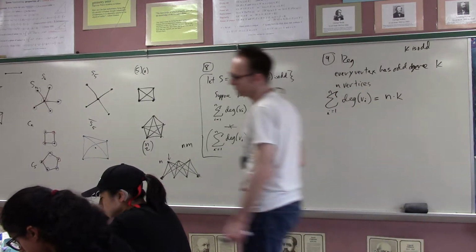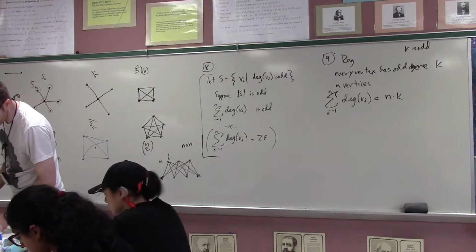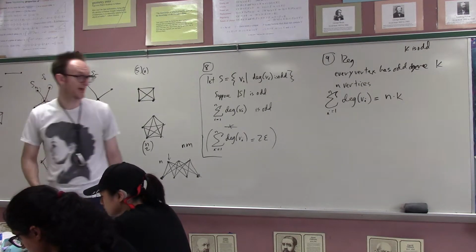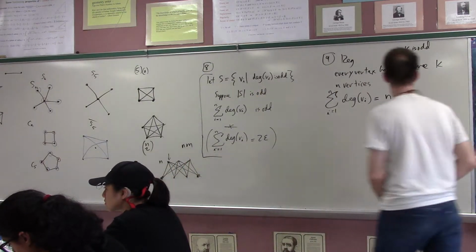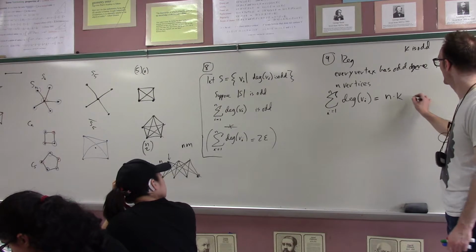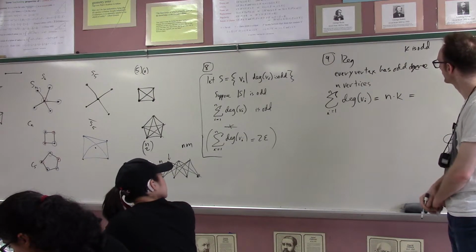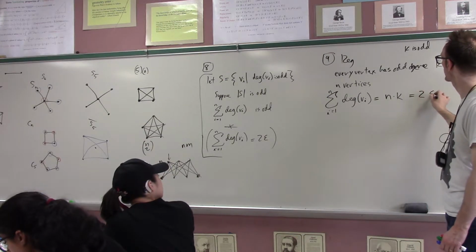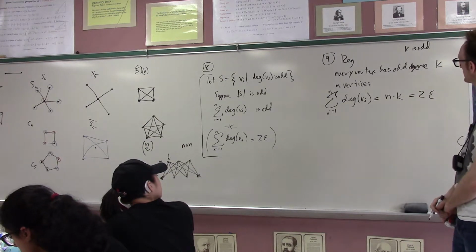Is that what we were trying to do? No, not quite. We're trying to show that the number of edges is a multiple of k. But the number of edges will be a multiple of k because this is twice the number of edges.